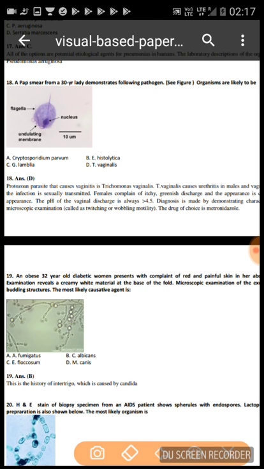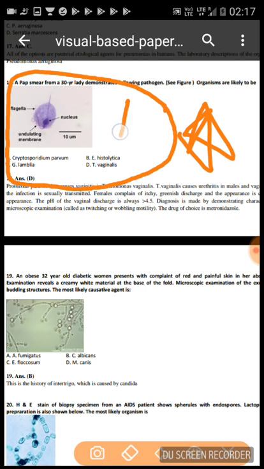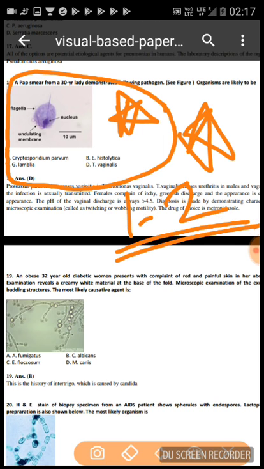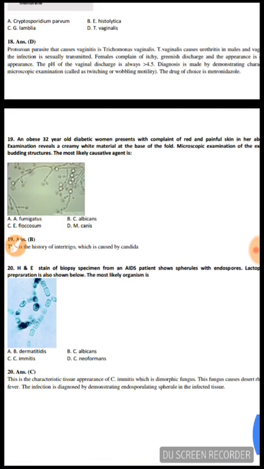So it's a very important question, and there is a very high probability that this topic will be asked in your NEET PG. Make sure 1 to 2 questions are there in your NEET PG from this topic with bacterial vaginosis and all. So do remember how to differentiate from fungal candida and Trichomonas vaginalis. Do remember to revise this.